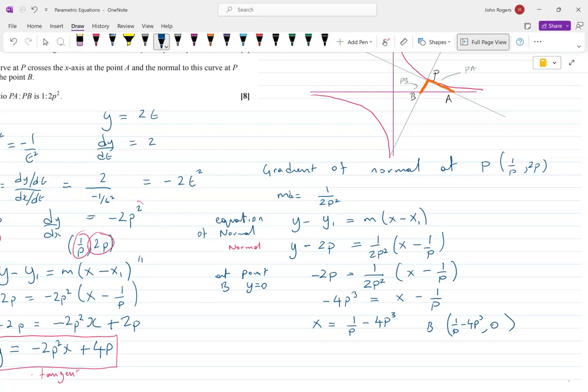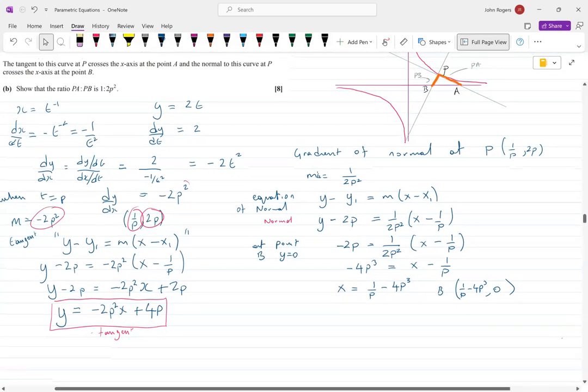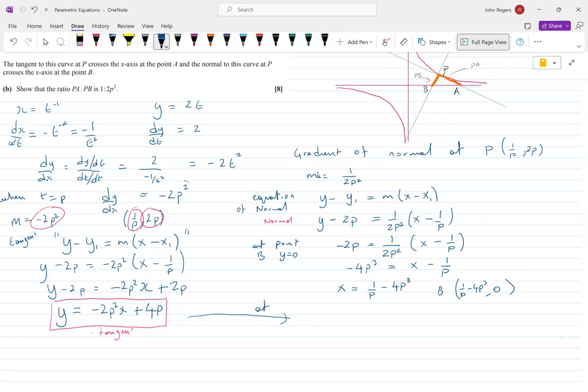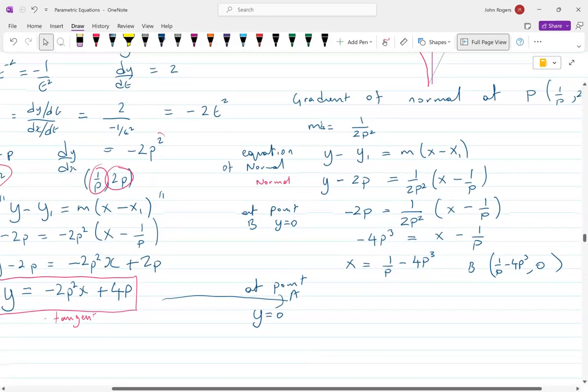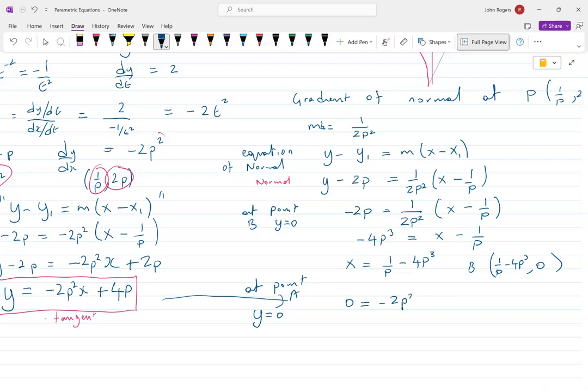on the x-axis. So then we're going to do the same to work out the coordinate of A on the tangent. So at point A, we have y equals 0 on that equation. So we have y equals 0, so 0 equals minus 2p squared x plus 4p.